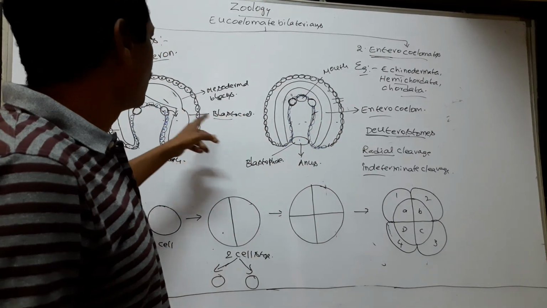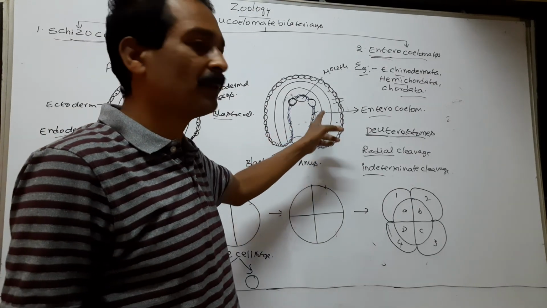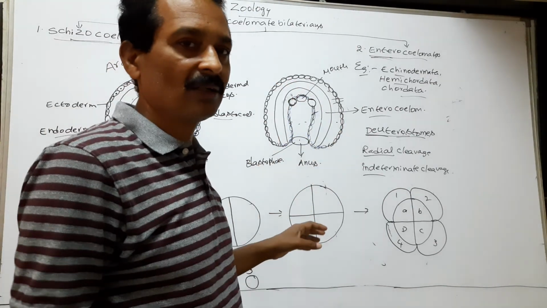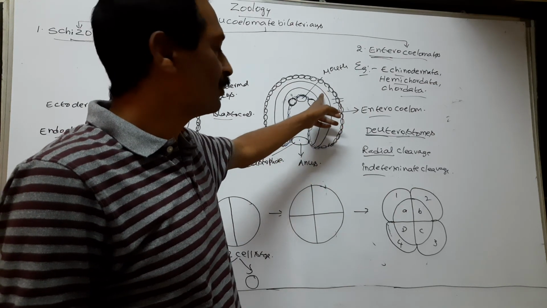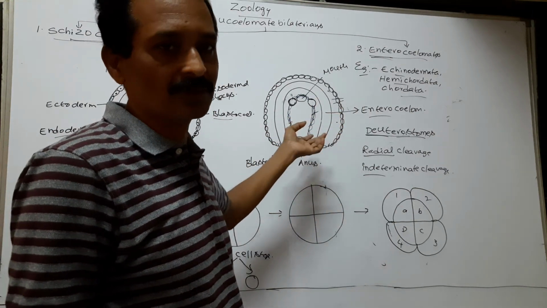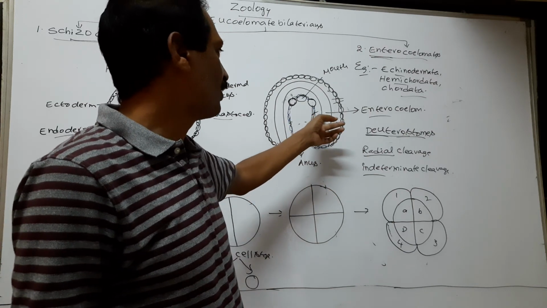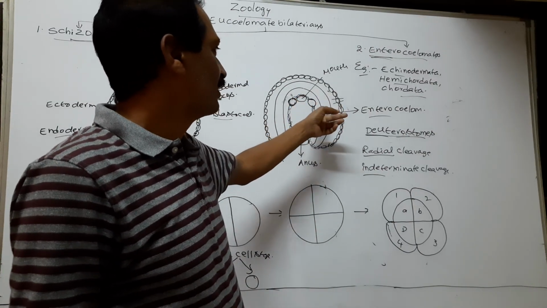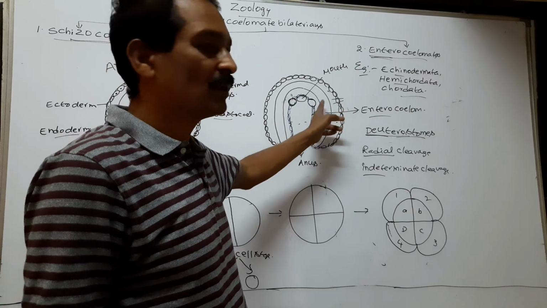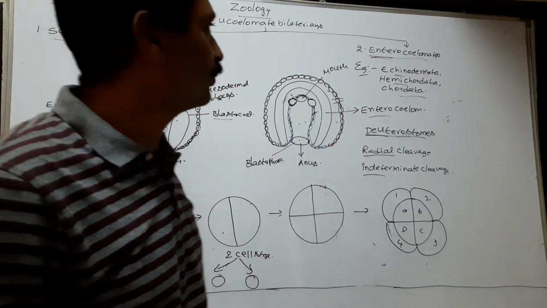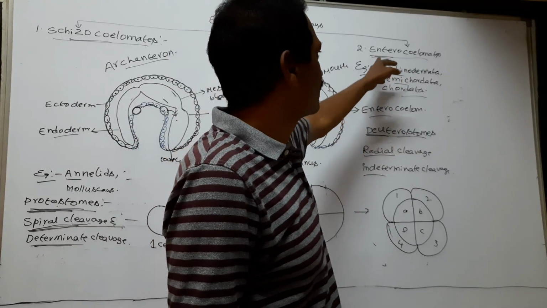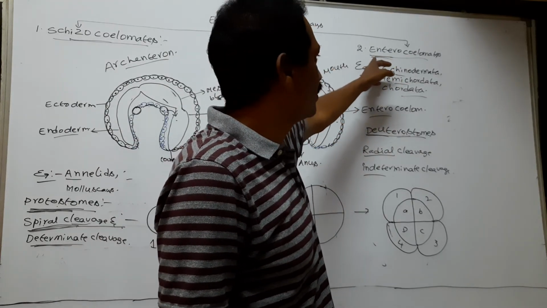Next, the layers between the mesodermal pouches are dissolved and the spaces within the mesodermal pouches are fused with each other and form a new cavity between two mesodermal layers. This cavity is called enterocoelom. Such animals are called enterocoelomates.